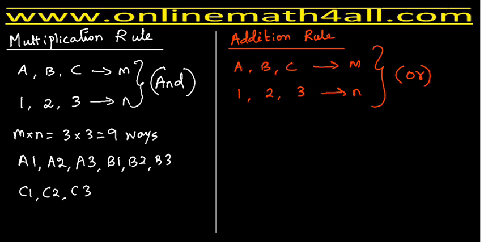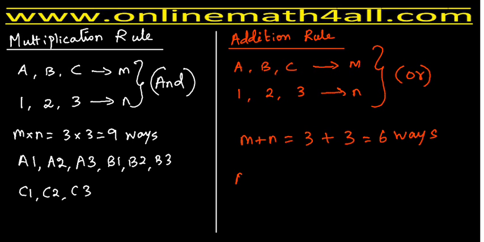So if the student goes to school by bus, he has only three options. So that is m is 3. And no, if the student doesn't like to go by bus, he likes to go to school by taxi. So he has three options, so 3 taxis. So finally the total number of ways is equal to 6.